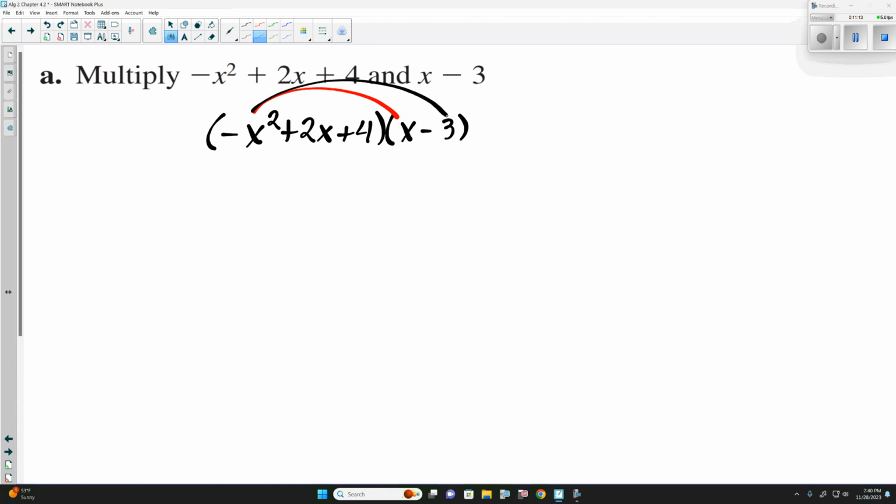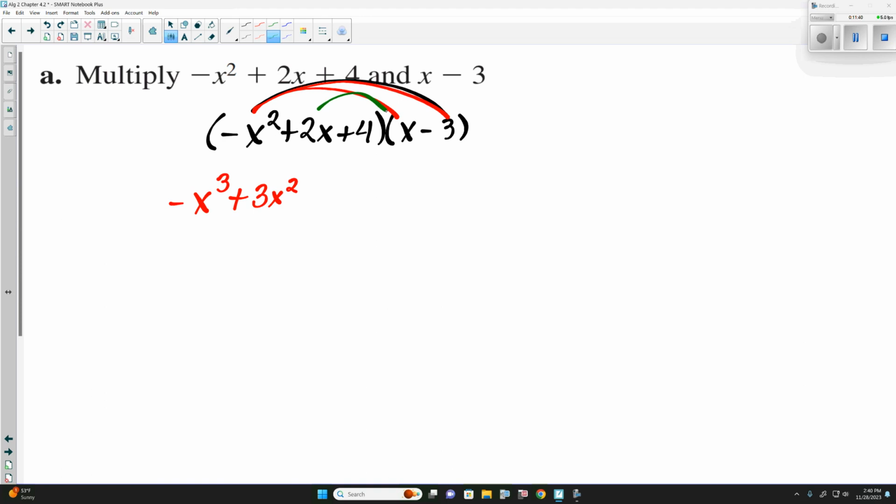First thing we're going to do is just distribute our negative x squared. Negative x squared times x is negative x cubed. Our negative x squared times negative 3, negative times a negative is a positive, and x squared times 3 is 3x squared.